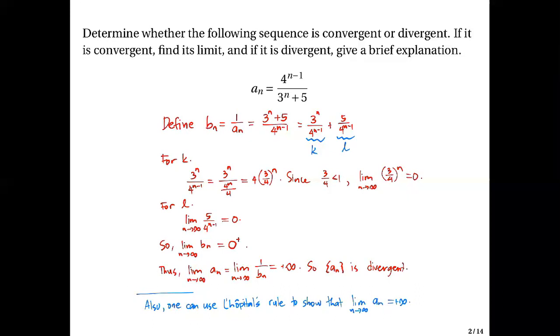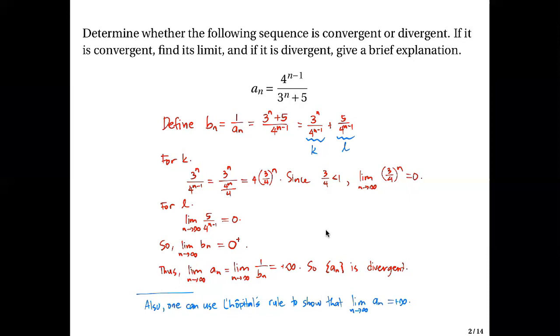Okay. So, there is a question. Is it sufficient to say that the numerator grows faster than the denominator? On an exam, it's not enough. You have to explain why 4 to the n minus 1 is faster than your 3 to the n.